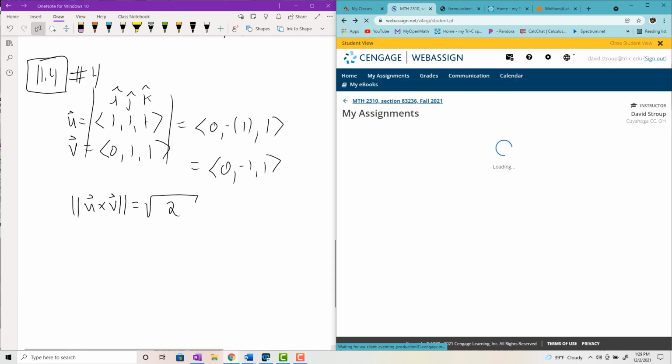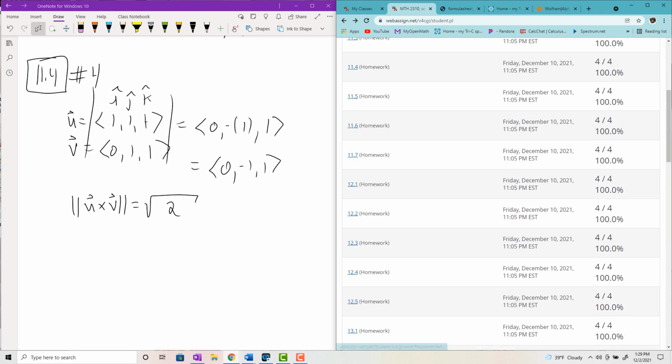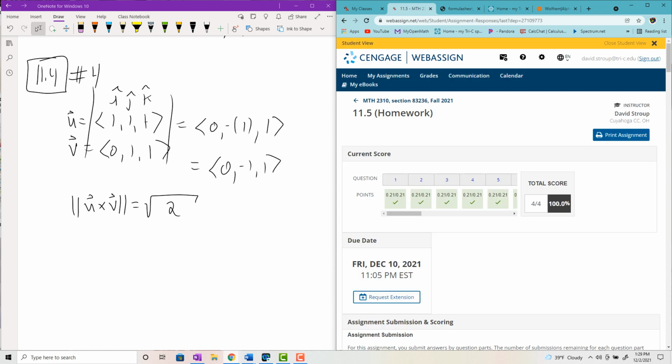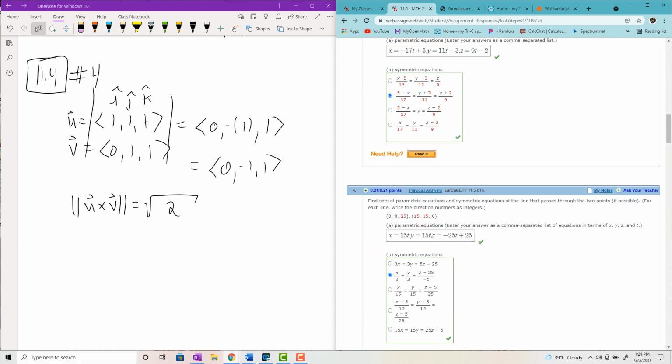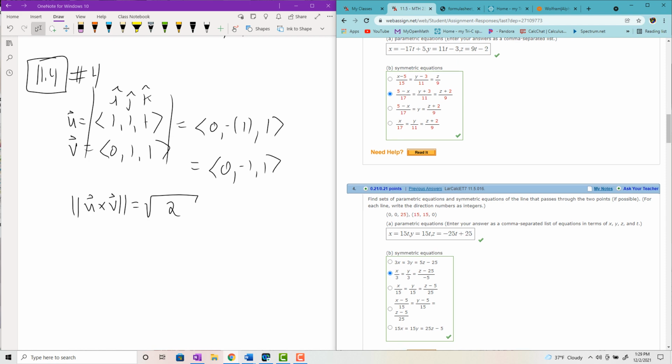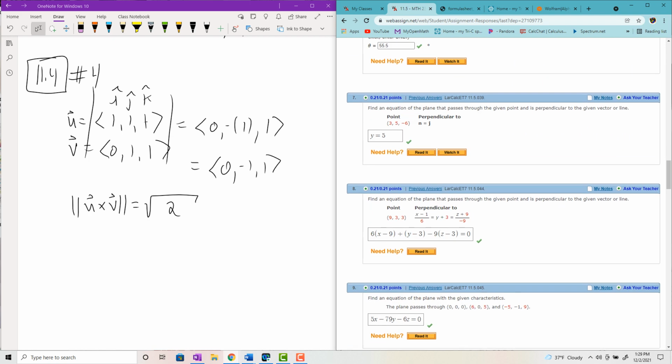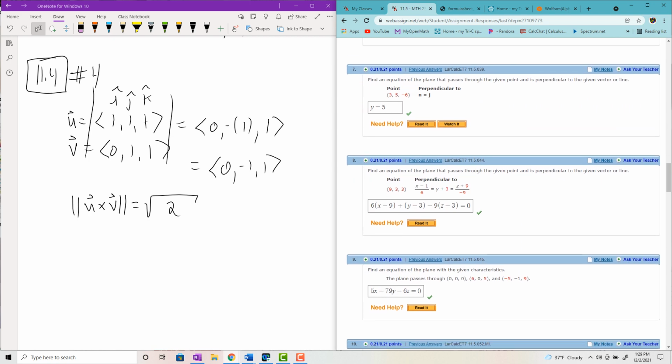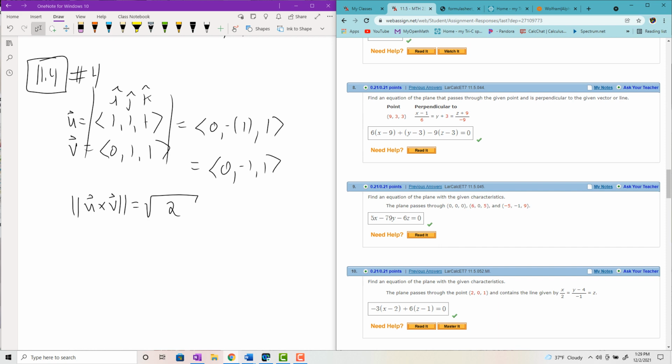Okay. All right, let's move on to 11.5-ish. In 11.5, we were doing parametric equations of lines, but you should be able to do that because we've been doing that with vectors in the last section with the line integrals. So I'll focus in on making planes.